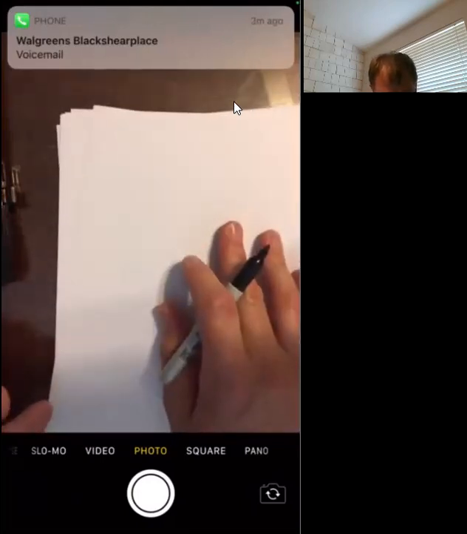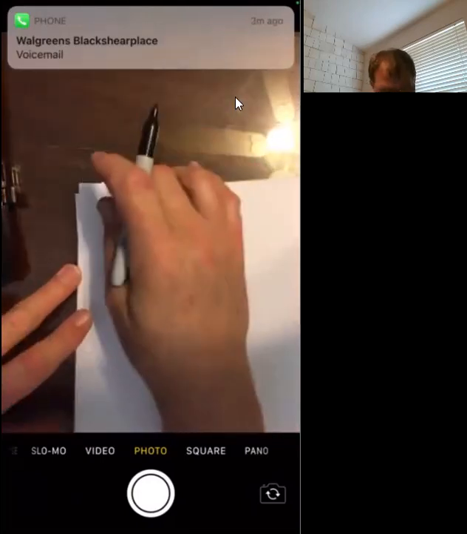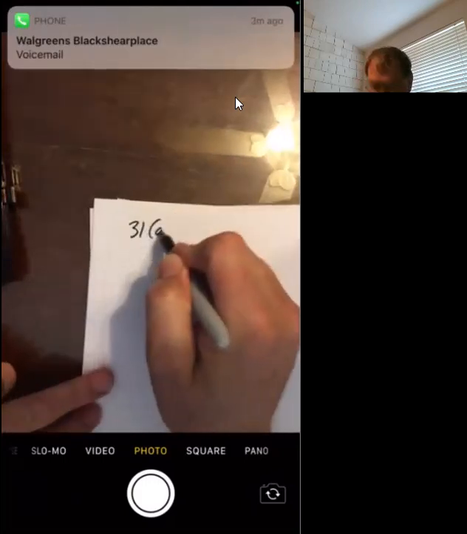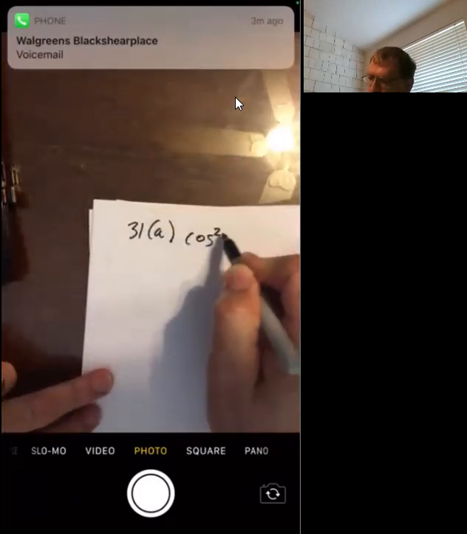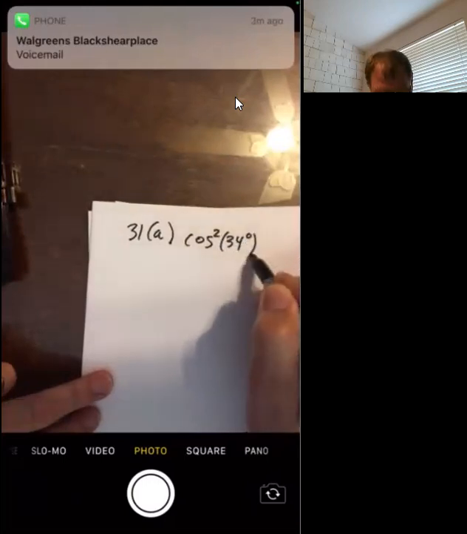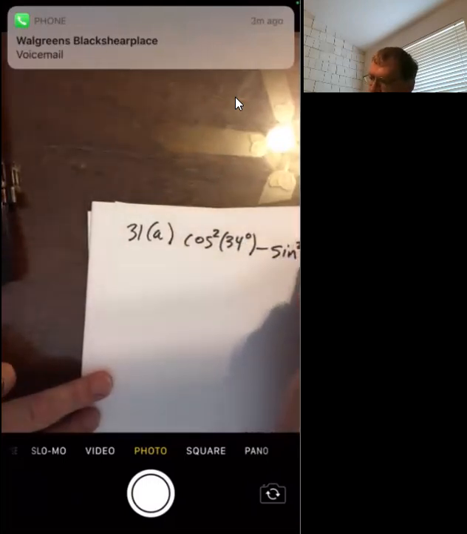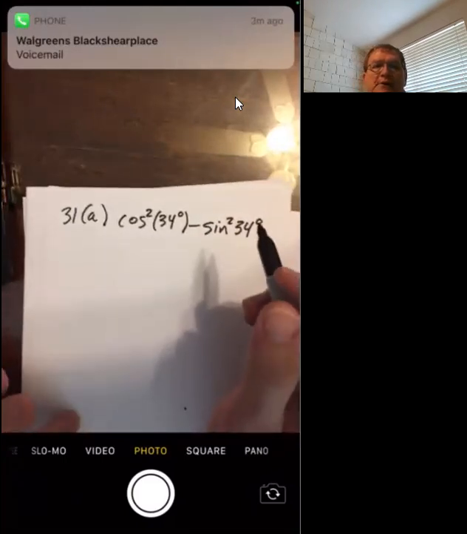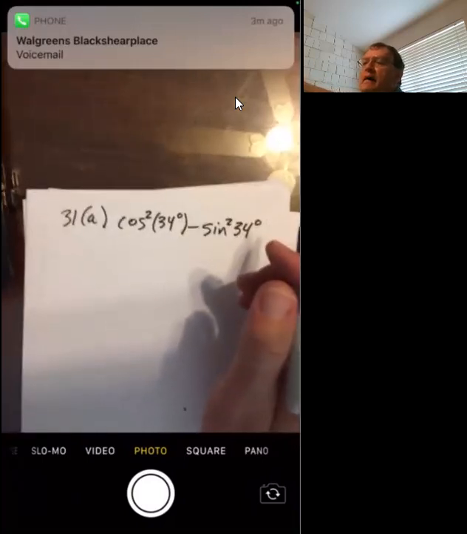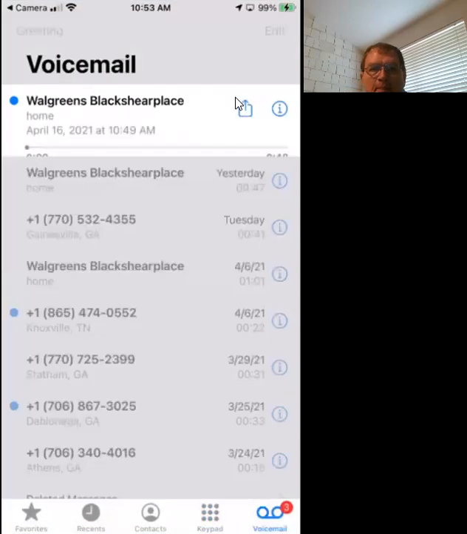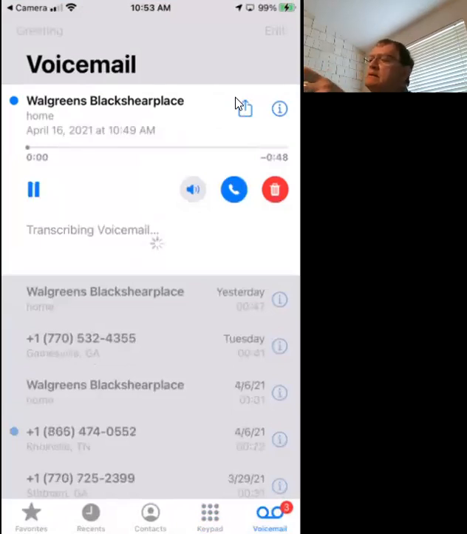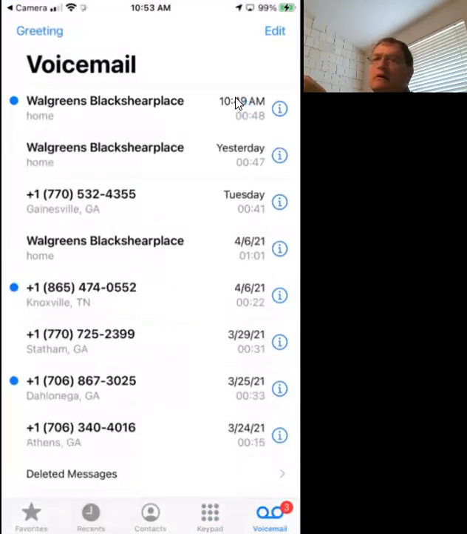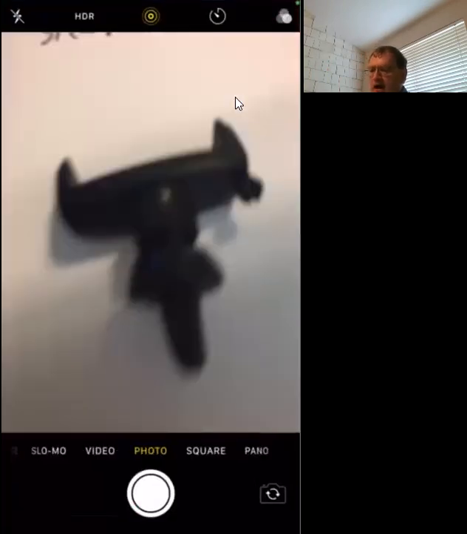Okay, what about one like 31a? Cosine squared of 34 degrees minus the sine squared of 34 degrees.